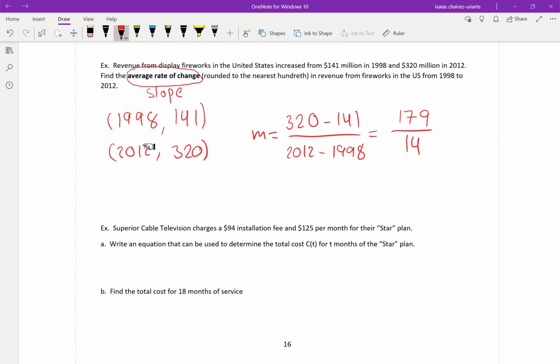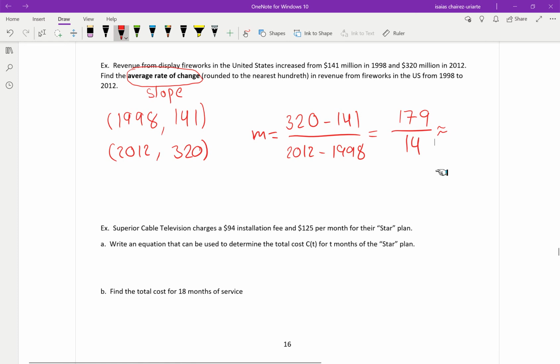But we want to round this. We're rounding to the nearest hundredth. Right now, my calculator is telling me, I use this little squiggly equal sign because this is an approximation. This is the exact value right here.